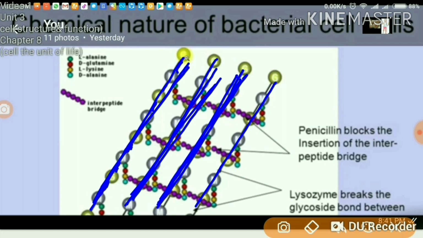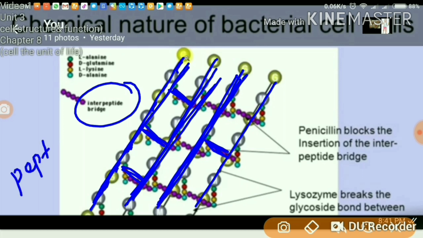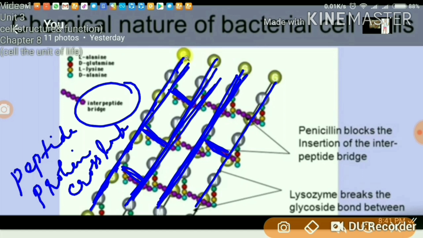These layers are connected by another bond, known as the interpeptide bond, interpeptide bridge, or peptide protein cross link. Got it? So that is the interconnecting bond between these two adjacent layers.